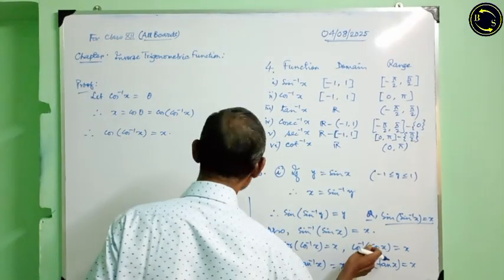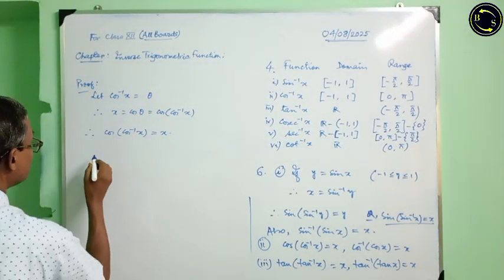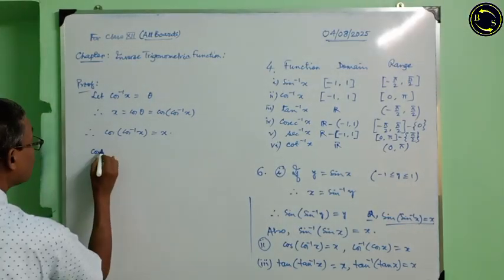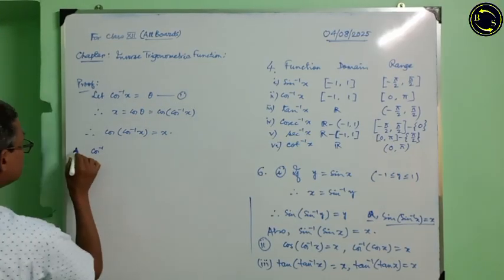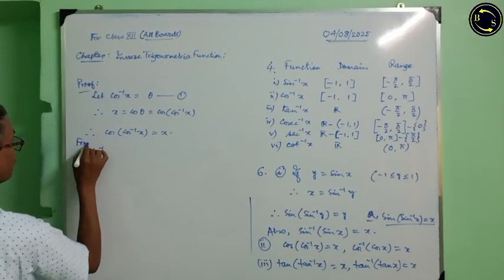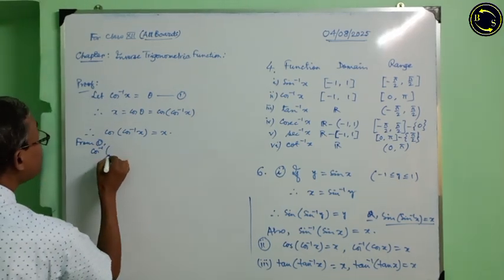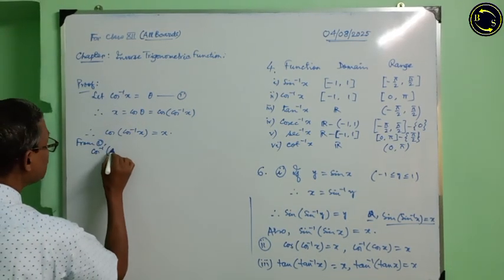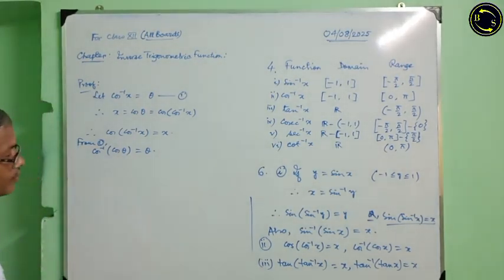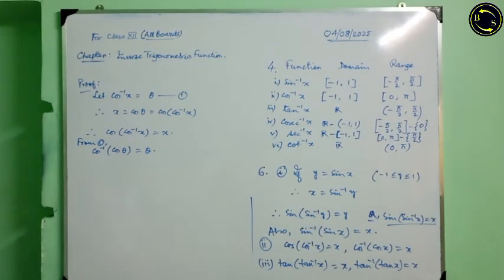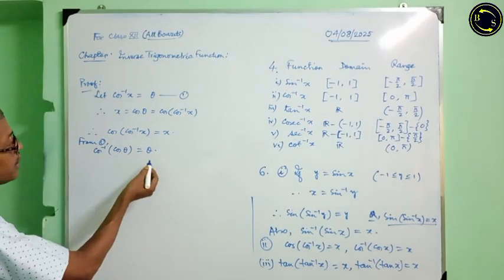Then for this one, cos inverse of x equals theta, so cos inverse of cos theta equal to theta.